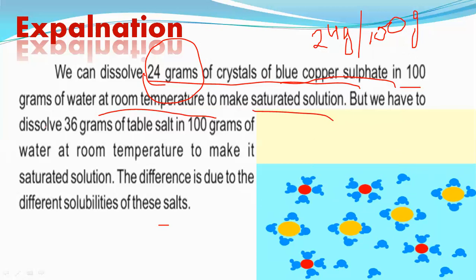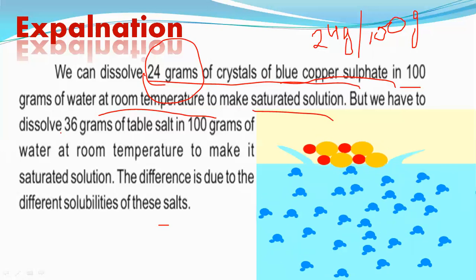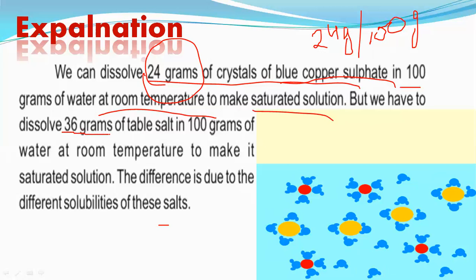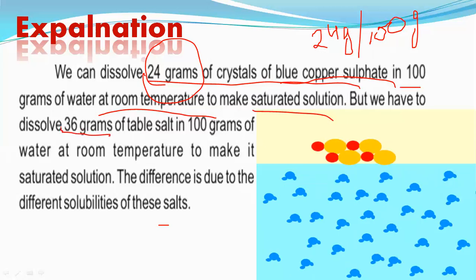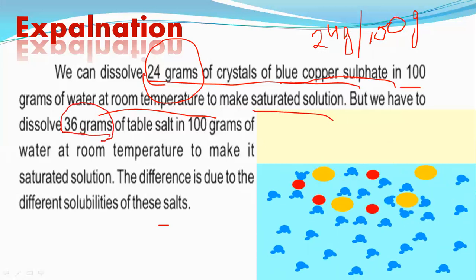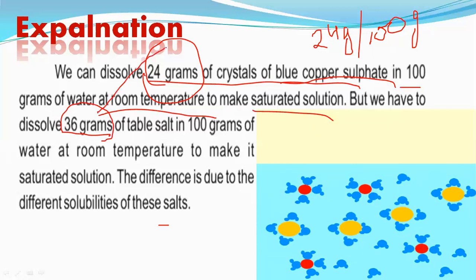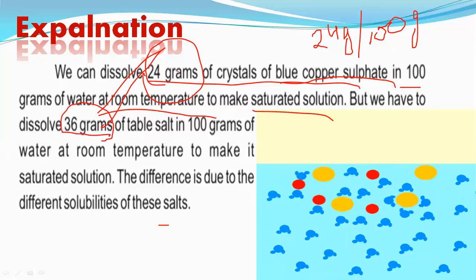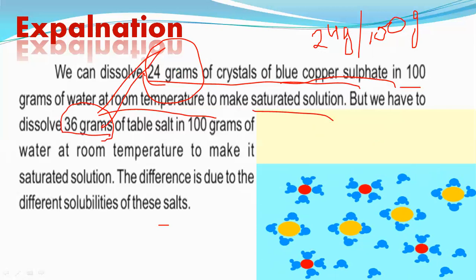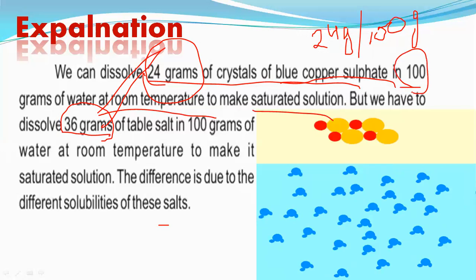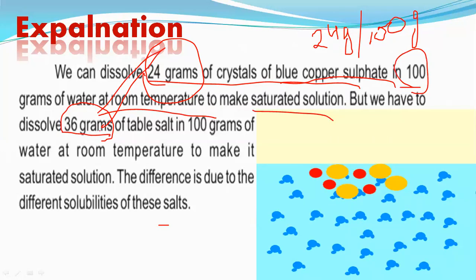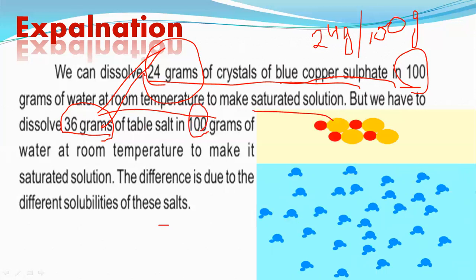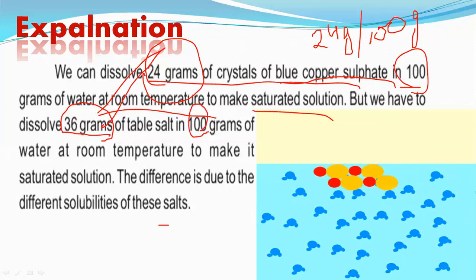If we compare the other solid solute, that is sodium chloride, or that is called the salt, common salt, that is having 36 gram of table salt. Look, compare both of them. Here is 24 gram, like less amount of copper sulfate can be dissolved in the same quantity of water. Here 36 grams of table salt can be dissolved in 100 grams of water at the room temperature.